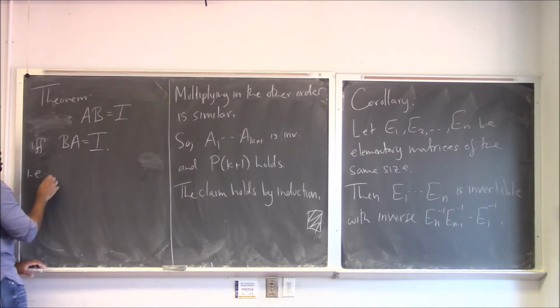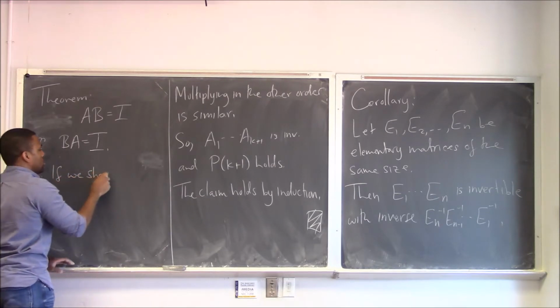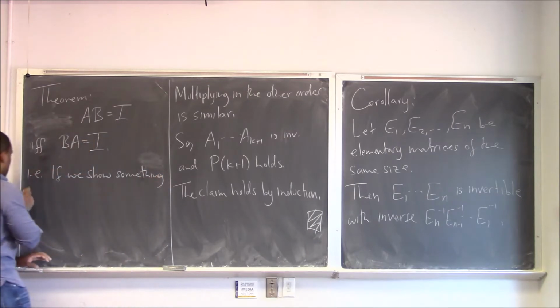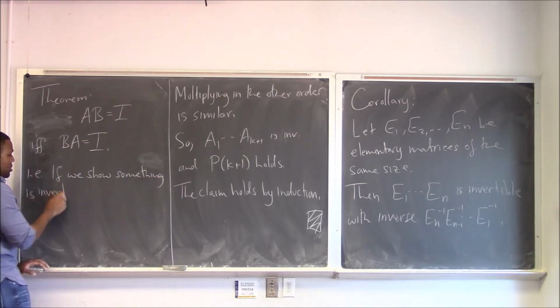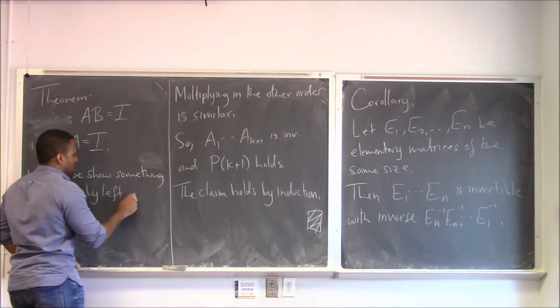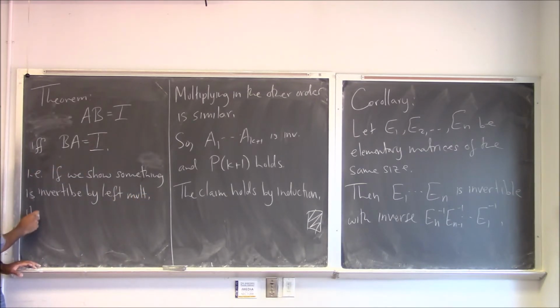That is, if we show something is invertible by left multiplication, it is automatically invertible by right multiplication.